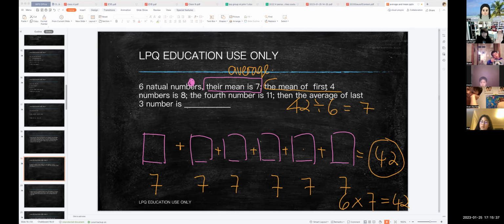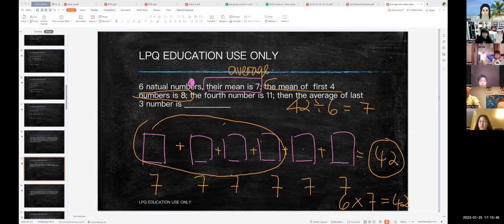Okay, so let's read the second line. The mean of the first 4 numbers is 8. Who can tell me what we can know from this sentence, Potato King? That the first 4 numbers are 8? Huh? No. The average of the first 4 numbers is 8.